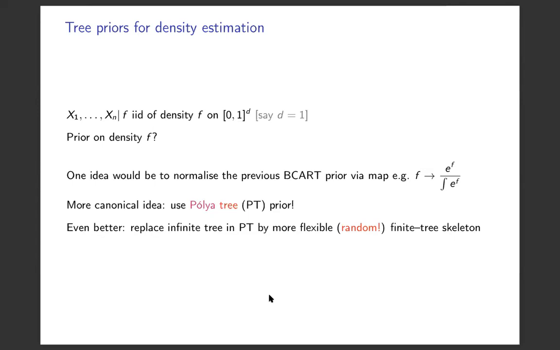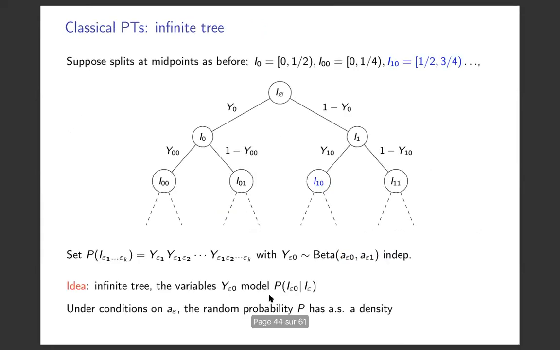And we are going to give it even more flexibility by, instead of taking the infinite tree, picking the tree inside the Polya tree at random. Let me briefly recall the Polya tree construction, using the same notation as before for dyadic intervals. For instance, here I10 is just 1/2 to 3/4.